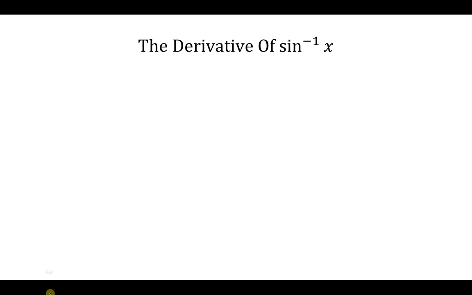So first, let's figure out what the derivative of the inverse sine function is. And we're going to use implicit differentiation in order to do this. So we write down that y equals inverse sine of x. Now you know that that means, because of the definition of the inverse sine function, that x must equal sine of y.